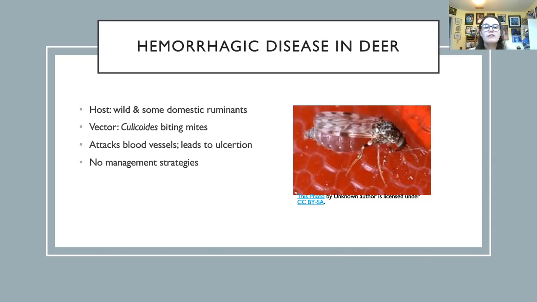If you're far more south, this disease occurs more frequently, but it's less severe in the population. Whereas if you go farther north, this disease is less frequent. However, it's more severe. It's going to affect the deer population a lot more than in the southern areas of the US.